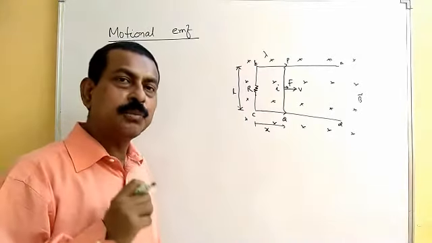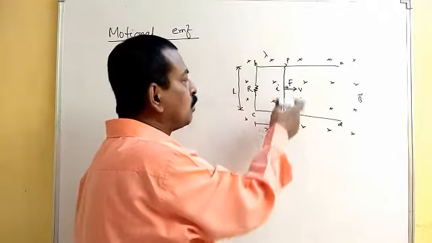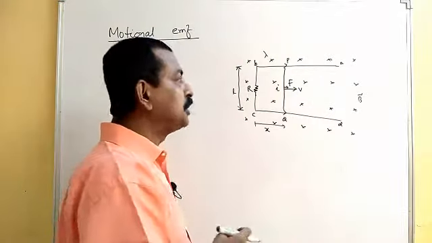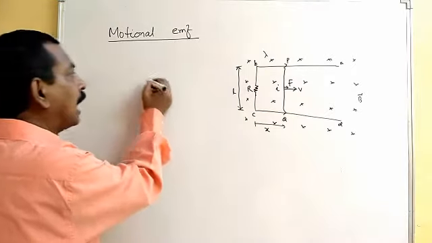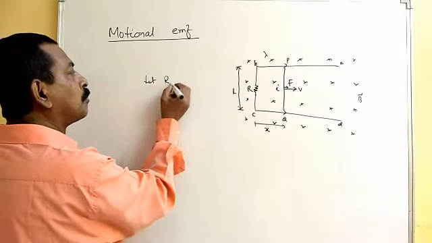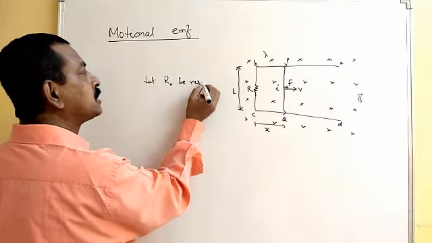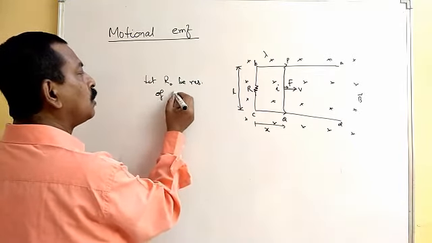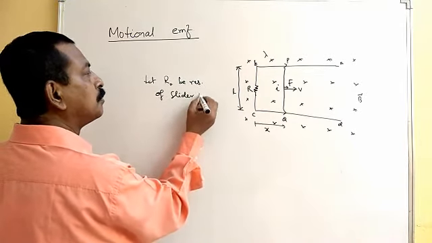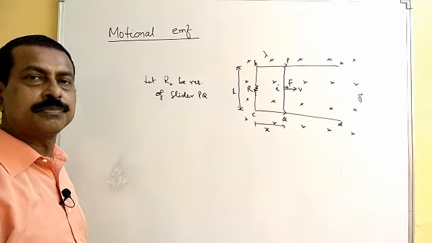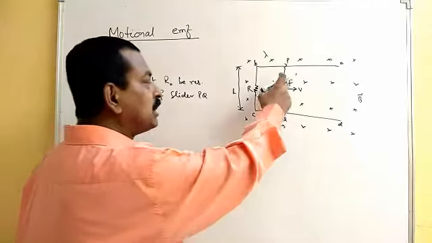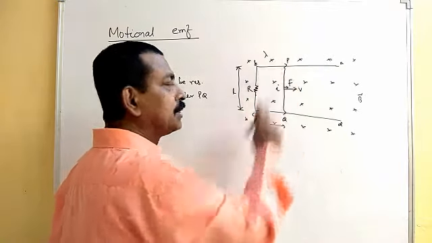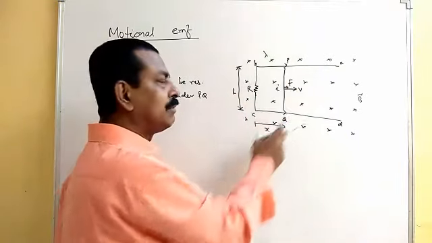Now let's assume a case when this particular slider PQ also has some resistance. So let R naught be the resistance of slider PQ. In that case what will happen? There will be some resistance of this part. There is the EMF developed.